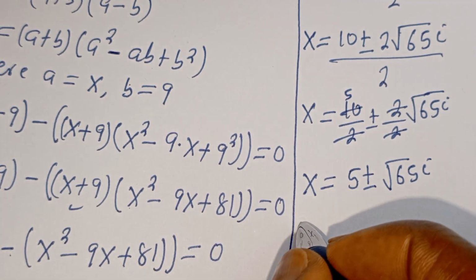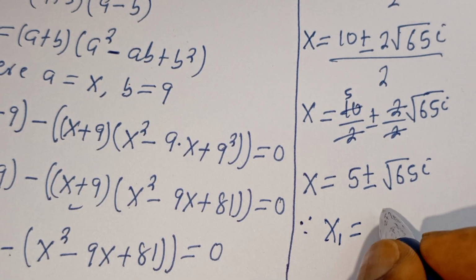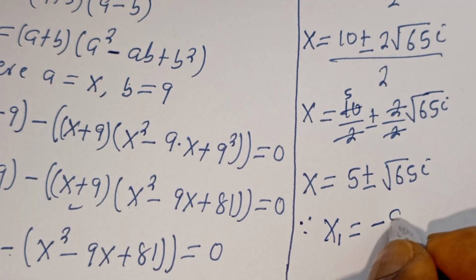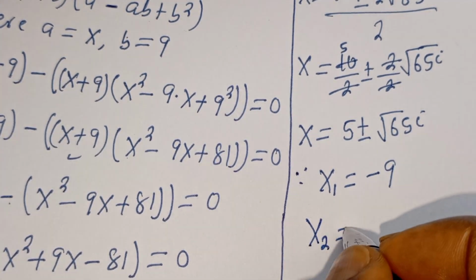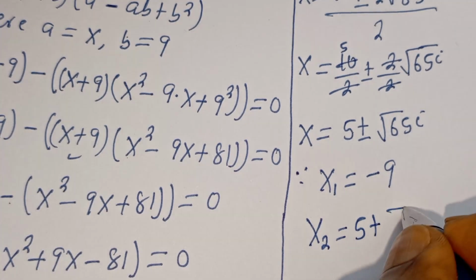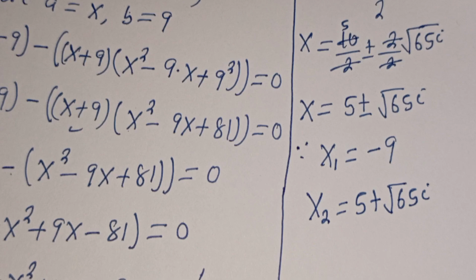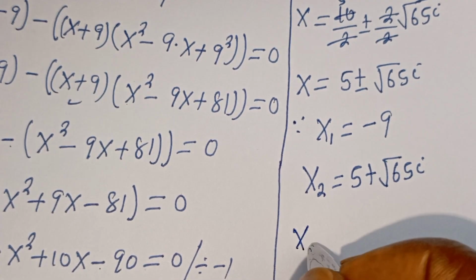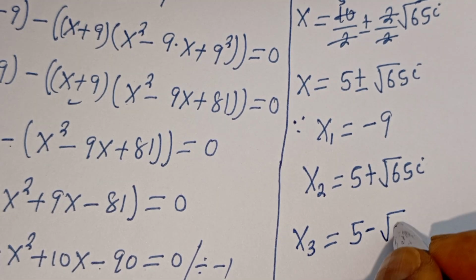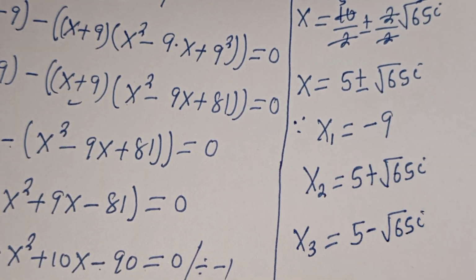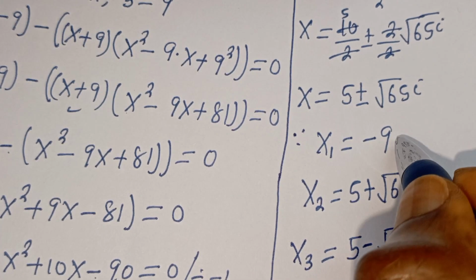Therefore, our final answers are s1 is equal to minus 9, then s2 is equal to 5 plus square root of 65i, and s3 is equal to 5 minus square root of 65i. You can see that we have two complex roots and then only one real root.